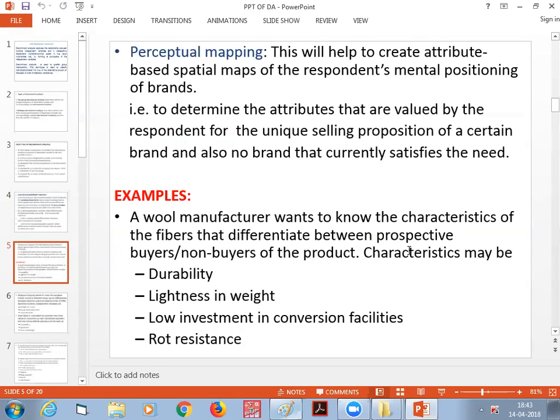How they are branding, how they hold the mental positions of the different brands. Let us say mobile phones. Different brands are available. For example, Redmi is there, Oppo is there, Samsung is there, other things are there. What is their mental position for that? Redmi nowadays is very popular, so it comes immediately in the first position. The next one is what?